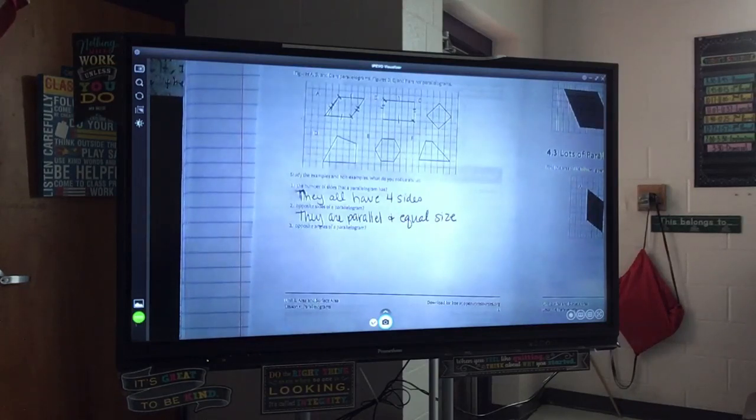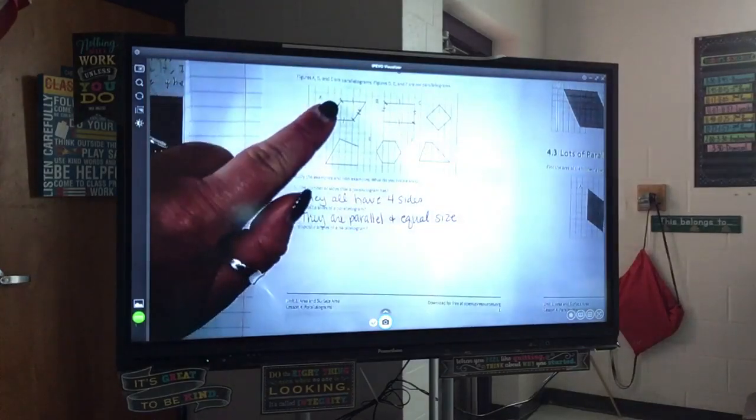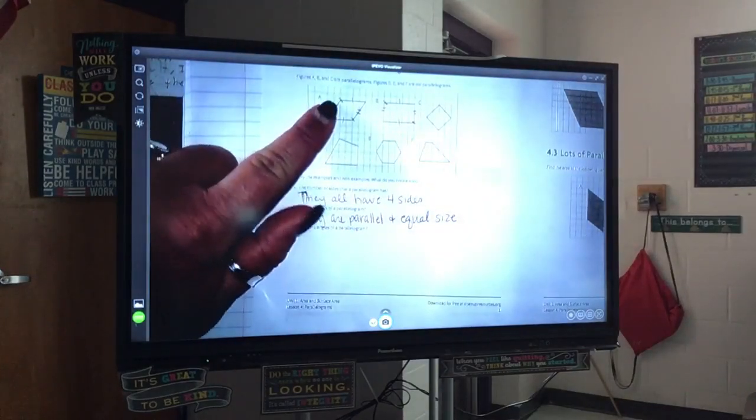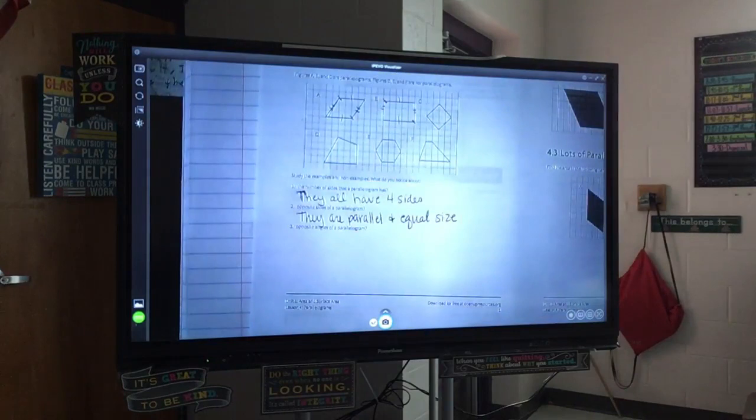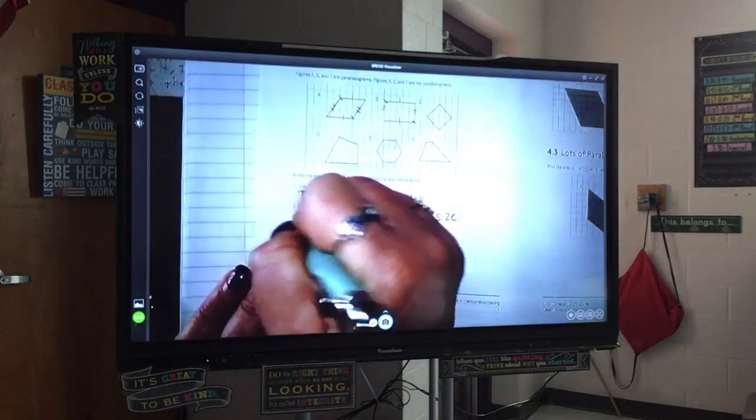So give me a very simple explanation. So this angle right here and this angle right here, what do you notice about them? They are the same size. Right, they're equal or the same size.